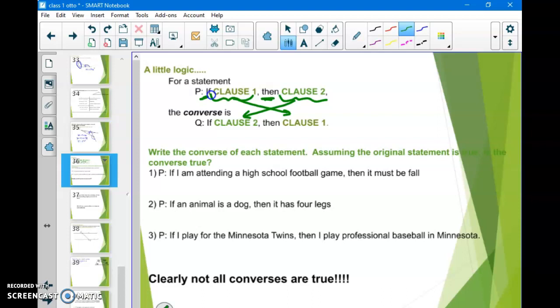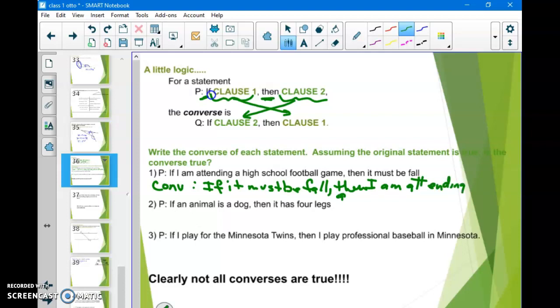So my converse of that would be, if it must be fall, then I am attending a high school football game.